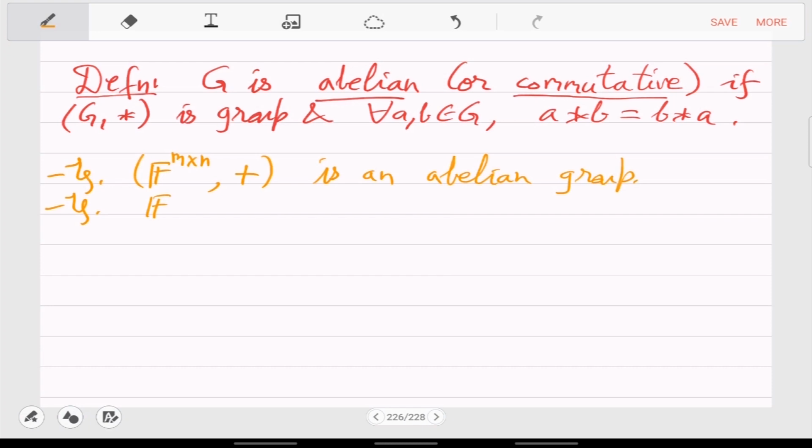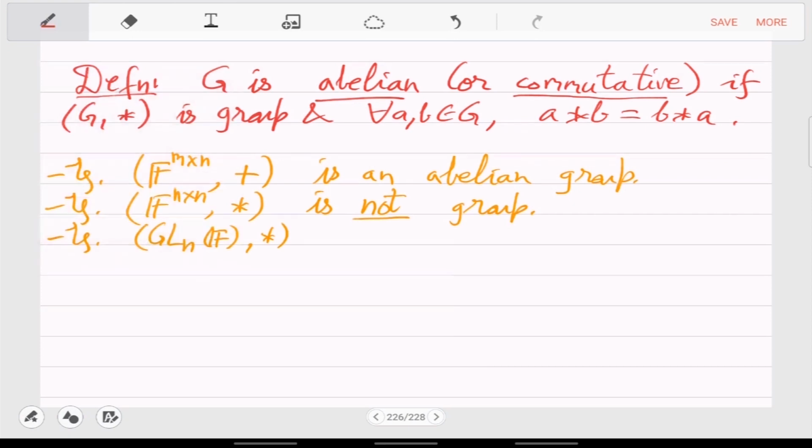What about square matrices with multiplication? Is this a group? Does every element have a multiplicative inverse, giving the identity matrix? So this is actually not even a group. But you can take what is called GLn(F), the invertible matrices only, the general linear group.